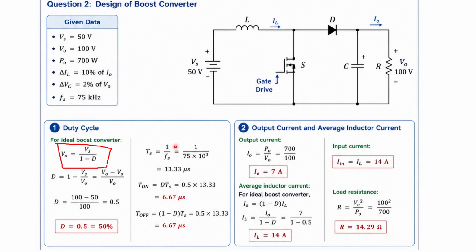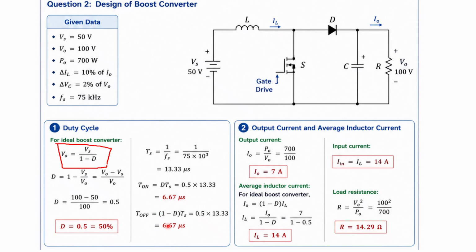In the same way we can find T on and T off. We have a frequency of 75 kilohertz. So the total time period Ts is 1 by frequency. 1 divided by 75 into 10 raised to 3 will give you 13.33 microseconds. From this total time period, T on can be calculated by the formula T on is equal to D Ts, 0.5 into 13.33, which will give you 6.67 microseconds.